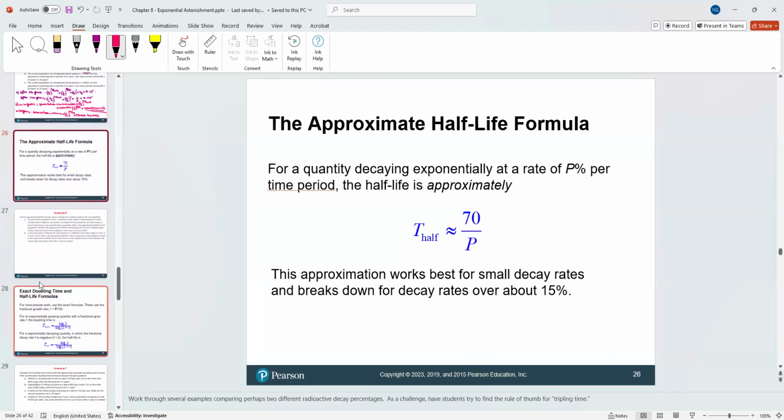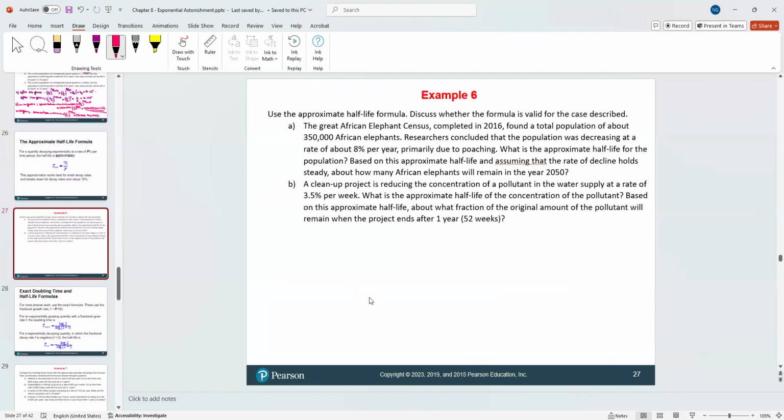Okay, we have one more exercise. We're going to do only one because we have two of these. We're going to do one and leave one for you. Use the approximate half-life formula. Discuss whether the formula is valid for the decay for the case described. The Great African Elephant Census completed in 2016 found a total population of about 350,000 African elephants.